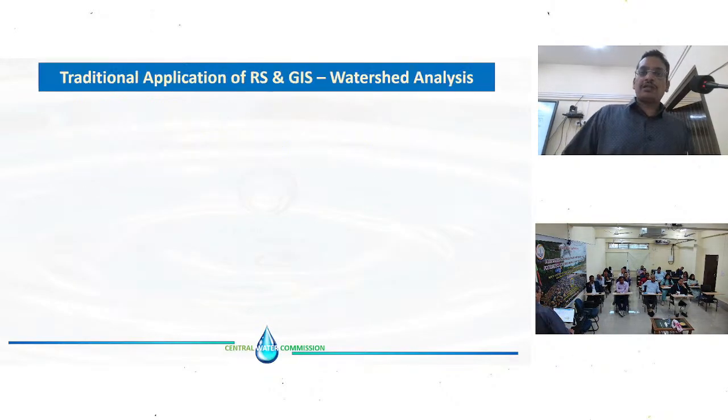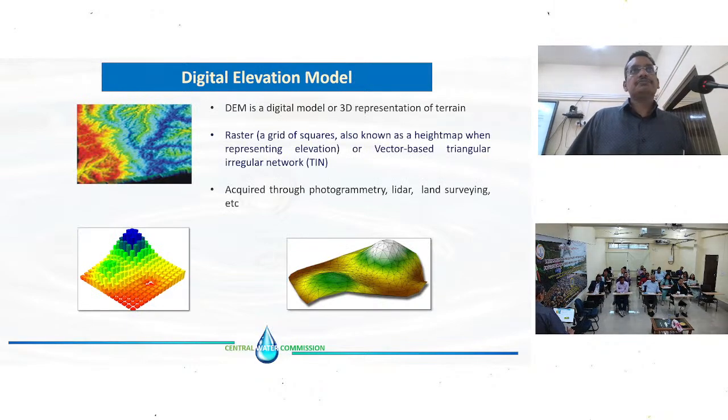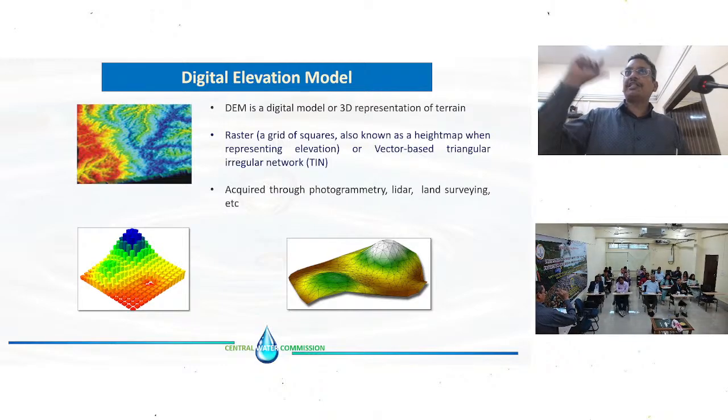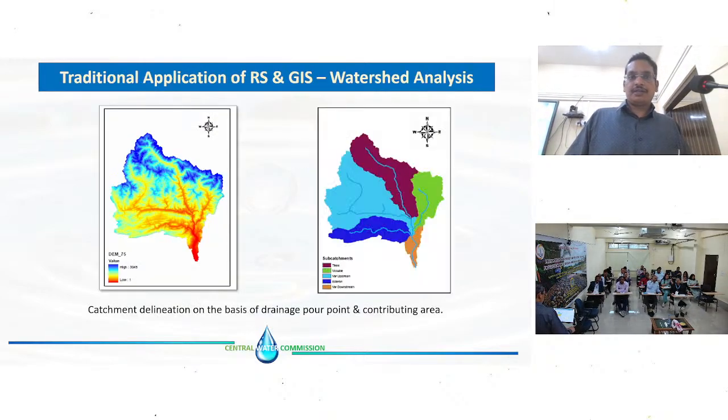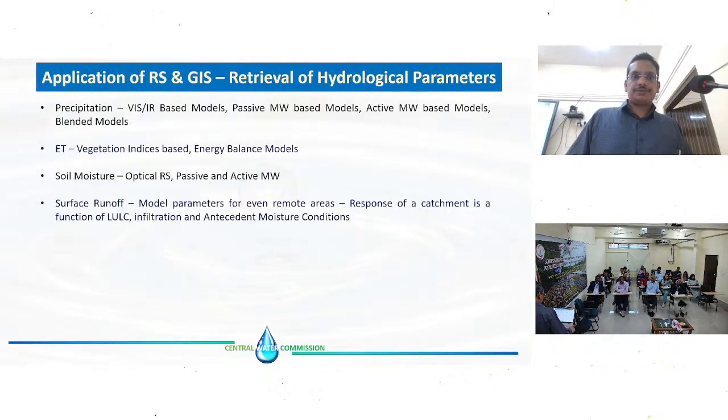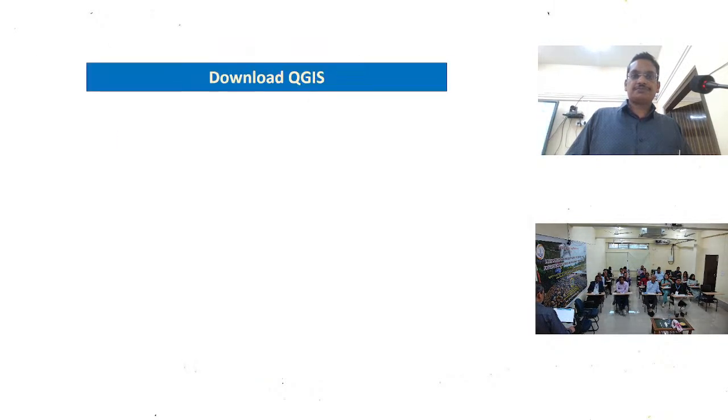Digital elevation model, I have already told that it is a raster model where each pixel has elevation information. And we will see how it can be used for delineation of watersheds, river basins. So I will skip these things.